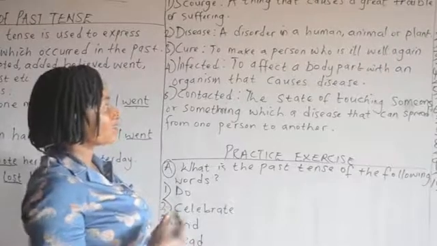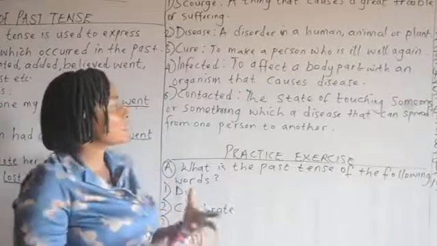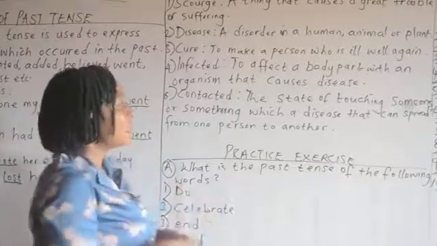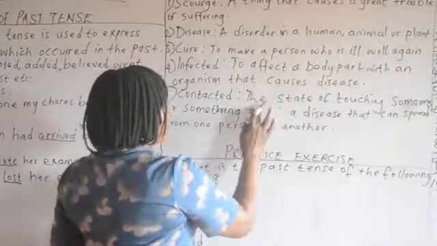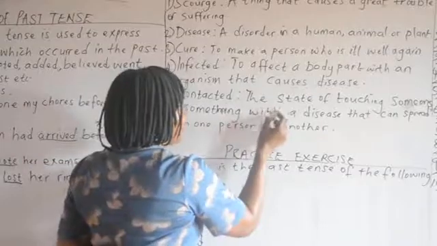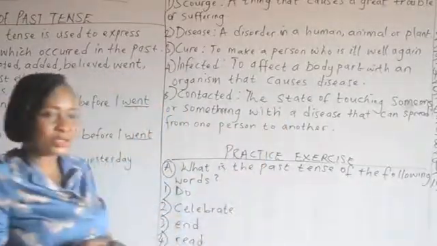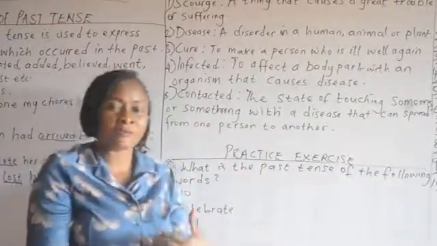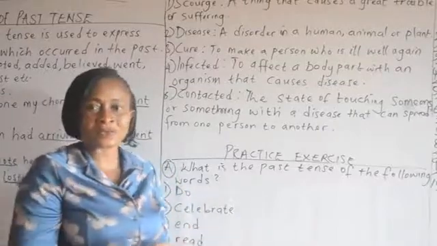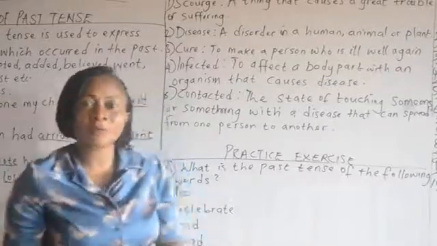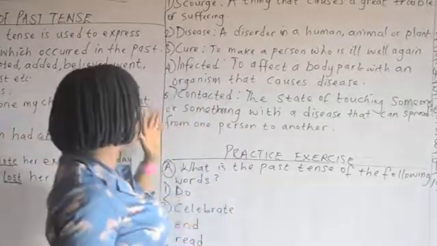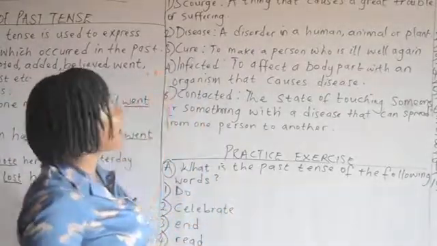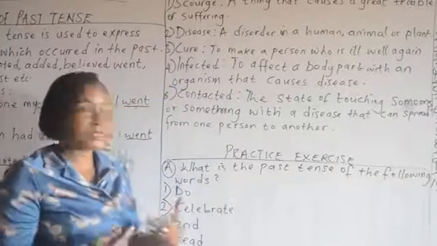The state of touching someone or something with a disease that can spread from one person to another. That is also the means of spreading a particular disease from one person to another. Do you understand? So that is contacted.